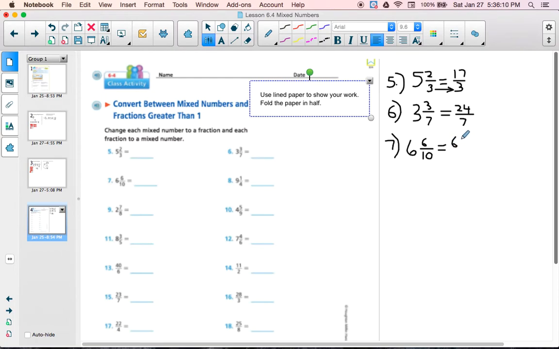There are 66 tenths. All right, so go ahead and practice on 8, 9, 10, 11, and 12. So pause the video now, do those problems just the way I showed you here, and then we'll come back and I'll show you how to do these down here.